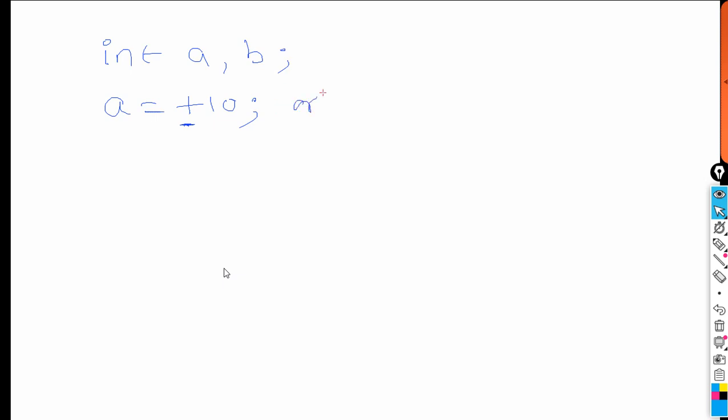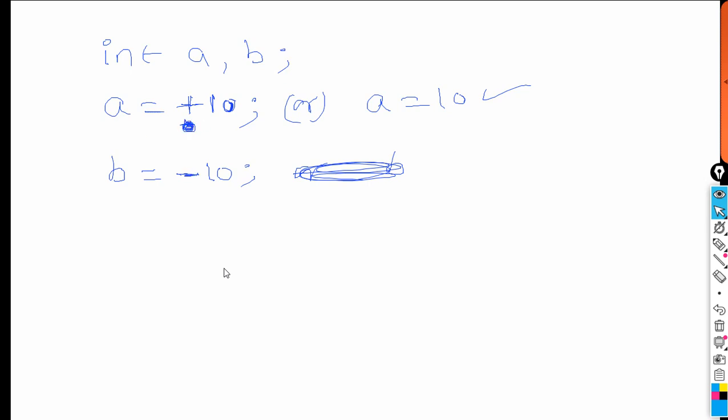Or you can give A is equal to 10, like this. Then B is equal to minus 10, I can write it, like this is correct. If you want to represent the sign of a value, you can put plus like this. Okay, fine. This is not required, please. Plus 10 or minus 10, like this.